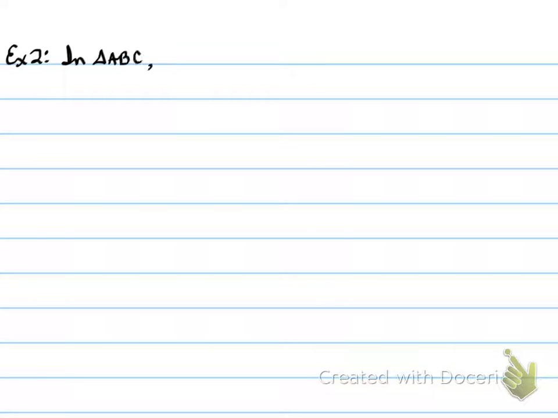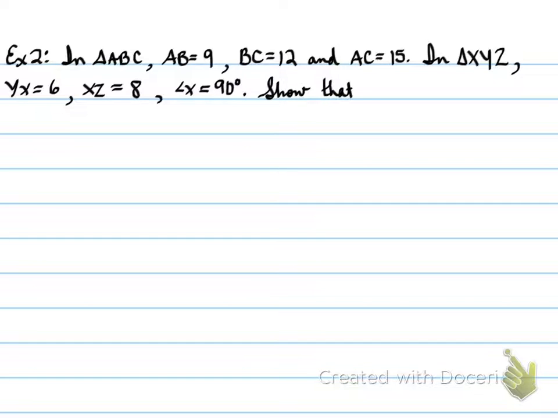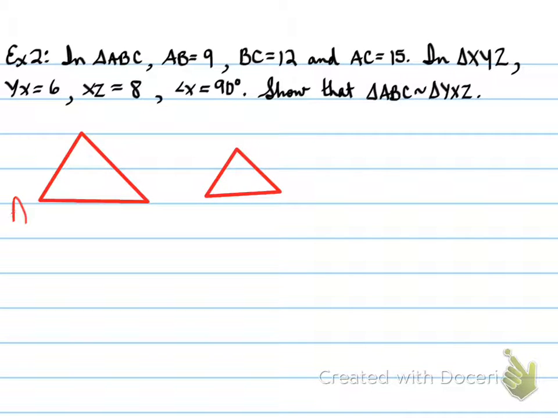Example number 2. In triangle ABC, AB is equal to 9, BC is equal to 12, and AC is equal to 15. In triangle XYZ, we have YX is equal to 6, XZ is equal to 8, and angle X is equal to 90 degrees. And you're asked to show that triangle ABC is similar to triangle YXZ.